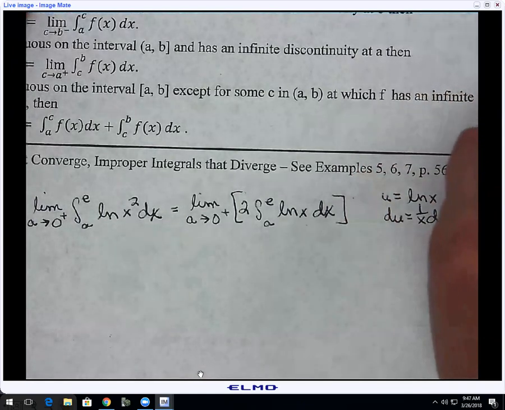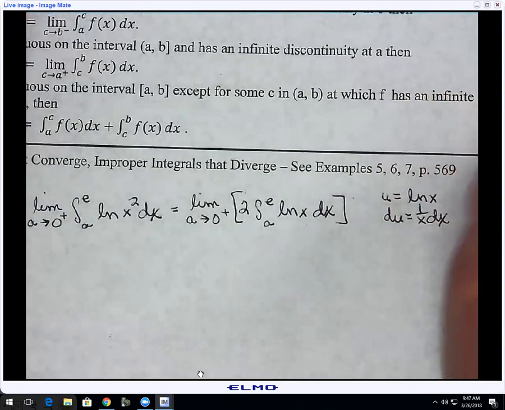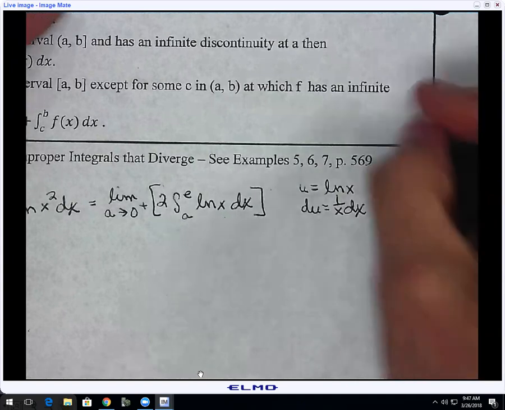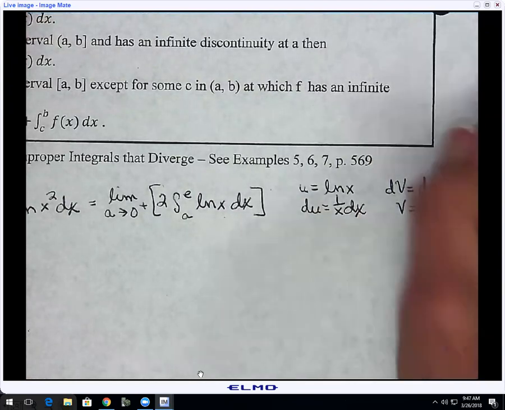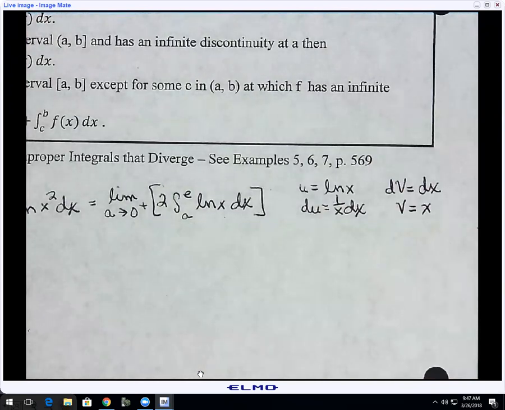That means dv is only the dx, and that means v is just what? If dv is dx, then v is just x.